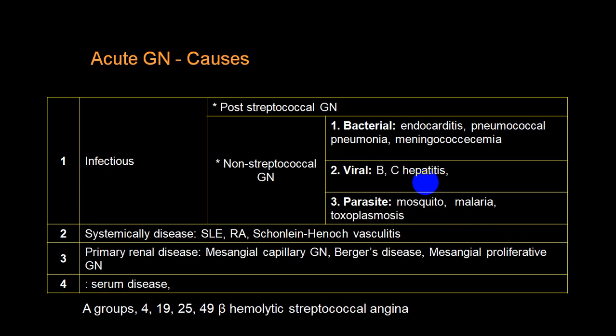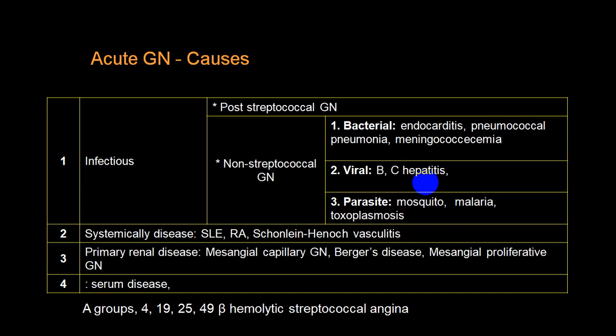In the non-streptococcal variety, there are other bacterial infections like infective endocarditis, pneumococcal pneumonia, meningococcal, viral such as hepatitis B and C, and among parasites, mosquito bite produces malaria, toxoplasmosis, etc.